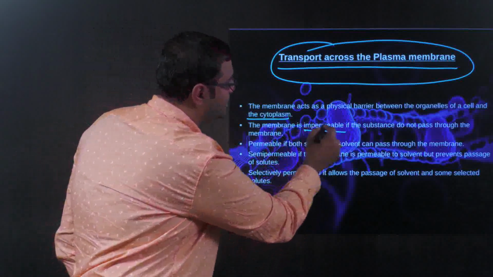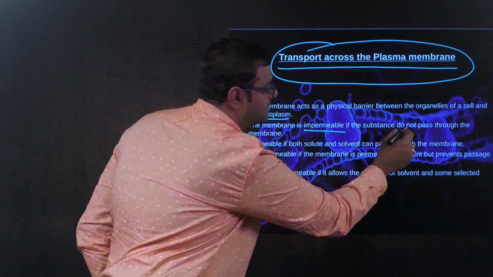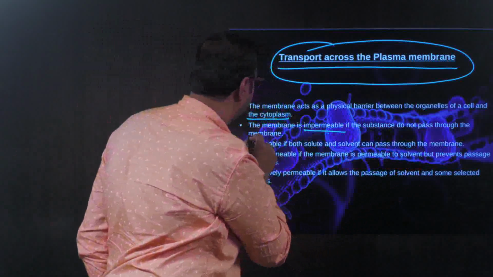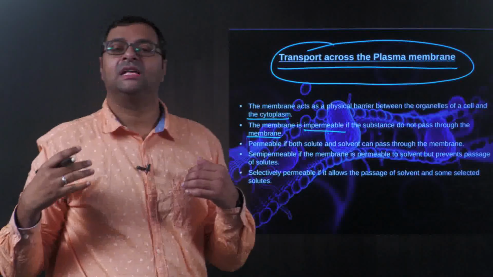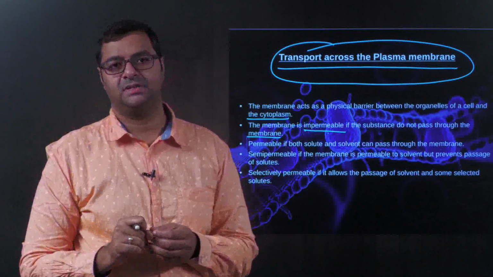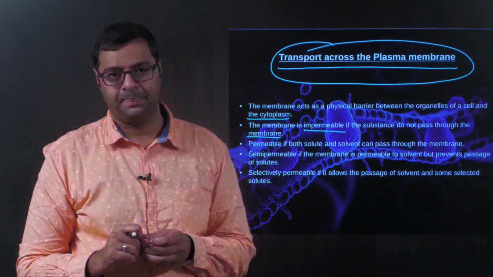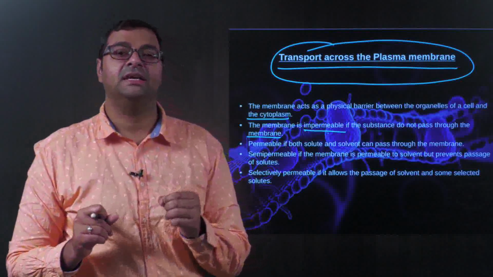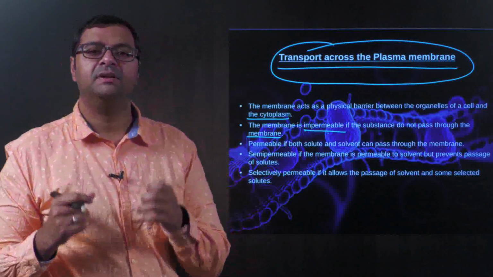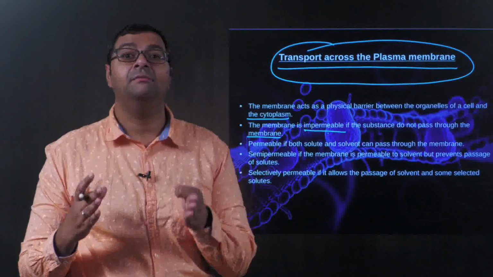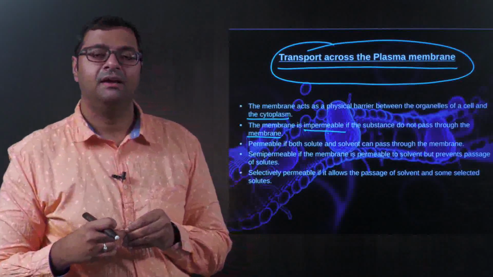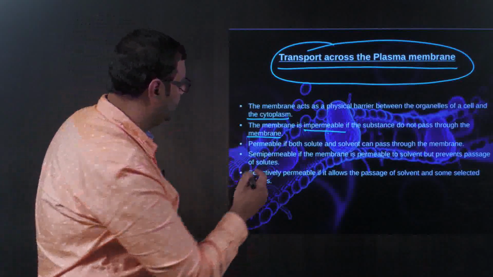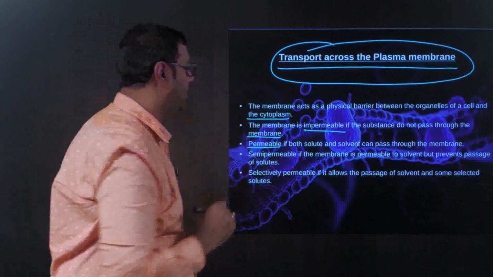The membrane is impermeable if substances do not pass through the membrane. That means the plasma membrane does not allow the substances to pass through it. So you should remember this word. I am spelling it out again: impermeable.